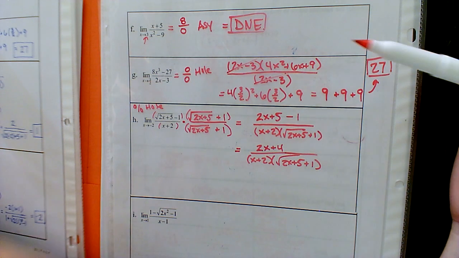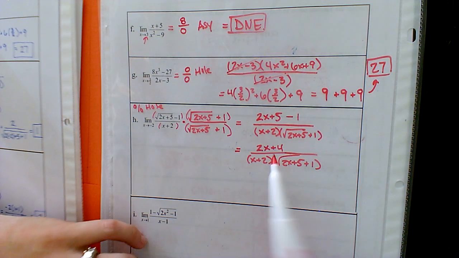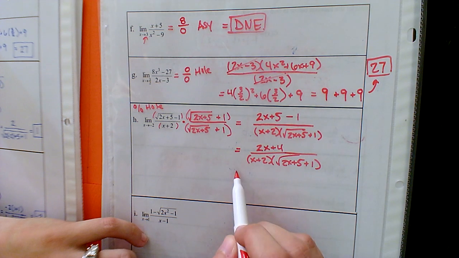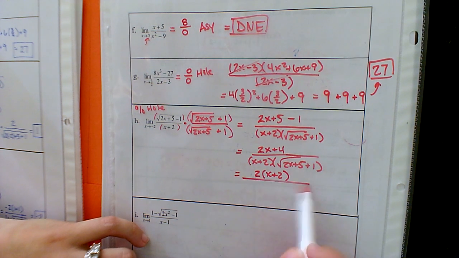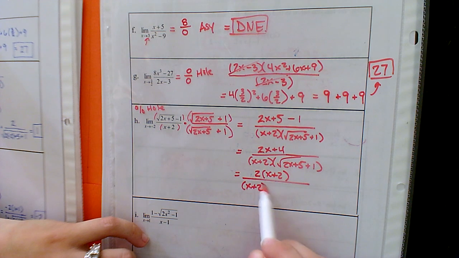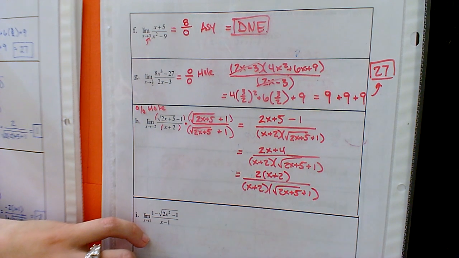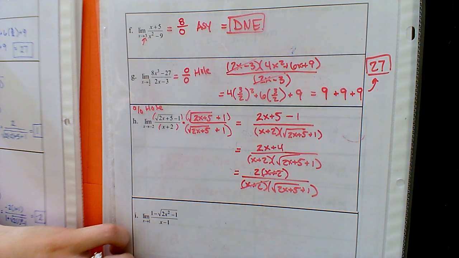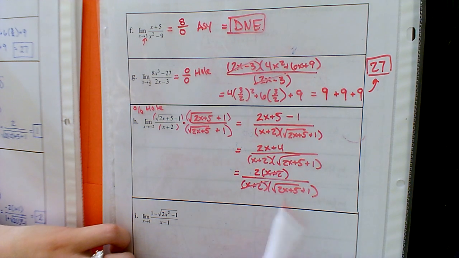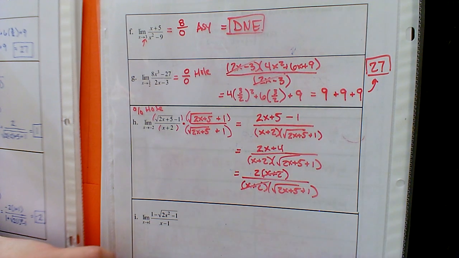So we haven't canceled out anything yet. That means we could probably do something else. Let's go ahead and factor the top. We can pull out a 2. And by pulling out that 2, notice how we can now cancel out the factors of x plus 2. So our simplified form is 2 over the square root of 2x plus 5 plus 1.